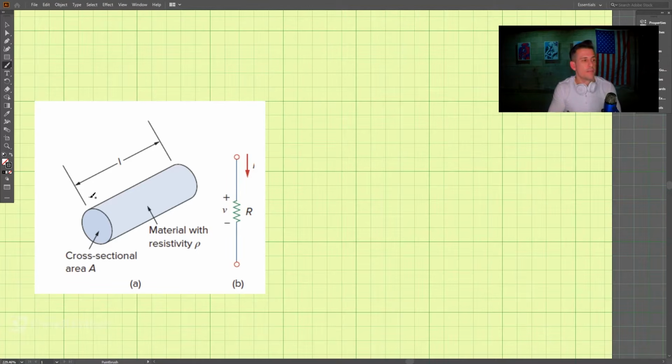But a resistor is made up of a certain amount of material. It's made of a material.